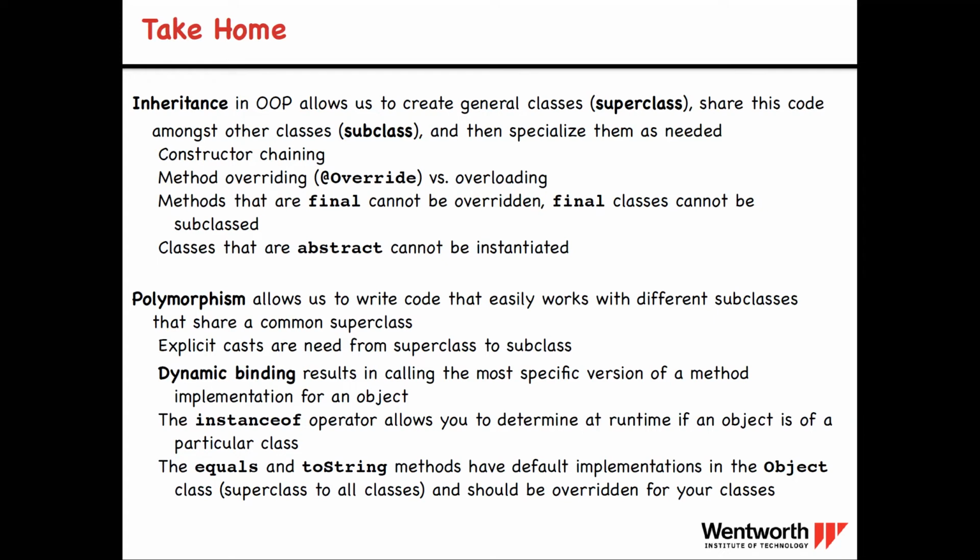And then the equals and the toString methods have default implementations in object, but we can override them in our own classes to do specific things, to allow specific types of comparisons between objects and to print the object in a way that we like. So that's some of the take-home stuff for these two lectures.